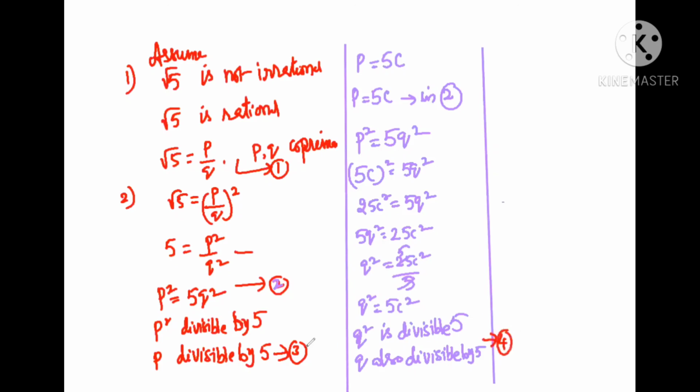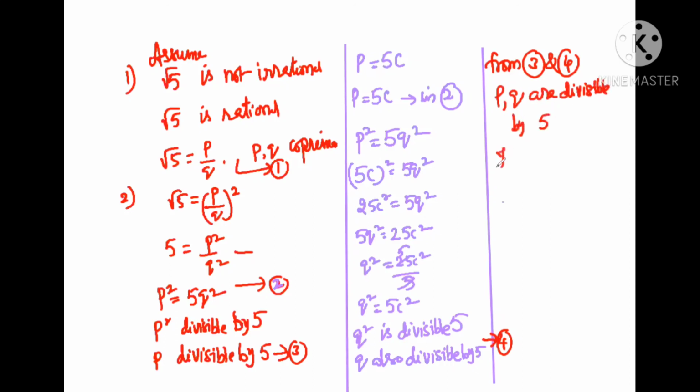Fourth result. From 3 and 4, p and q are divisible by 5.